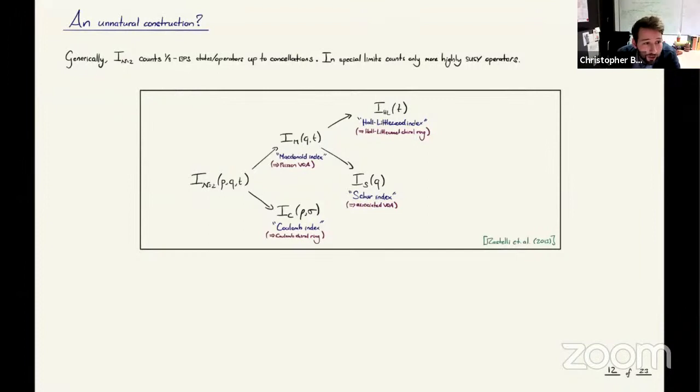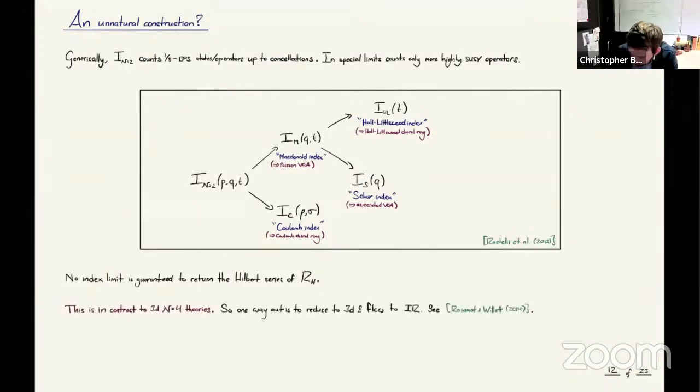Some people know some of these limits and they love them for various reasons. If you don't, the important thing to know is that none of these limits are guaranteed to give you back the Hilbert series of the Higgs branch chiral ring. This can be contrasted with the case of three-dimensional N=4 theories.